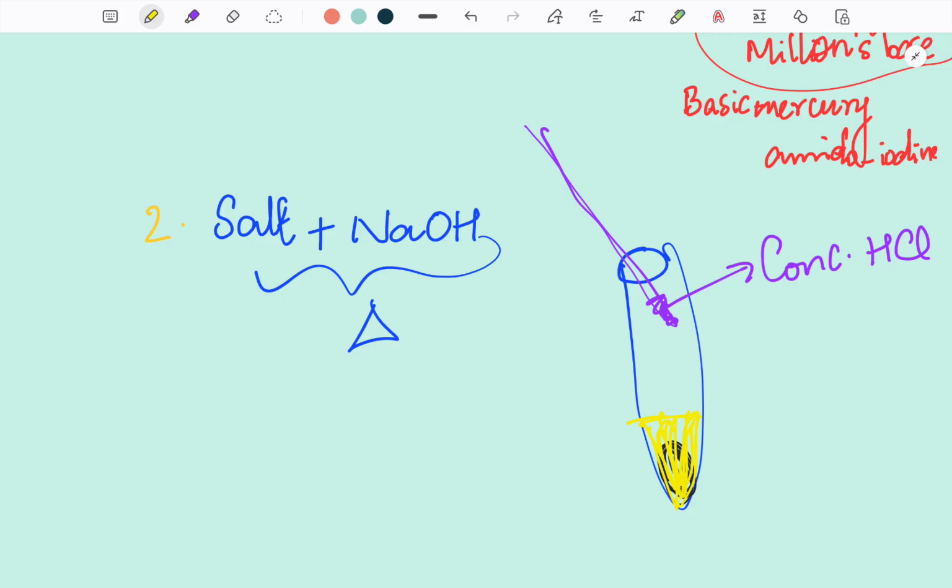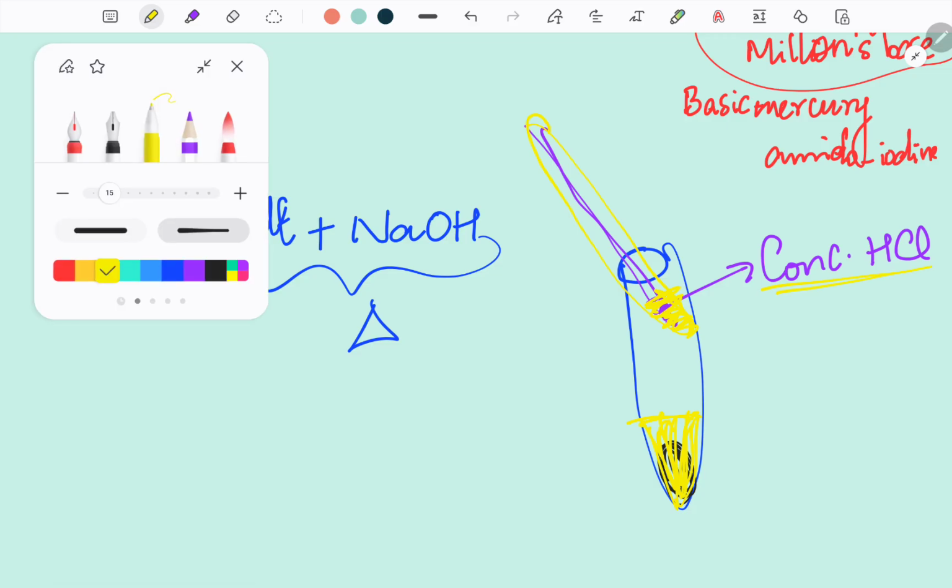Once you are getting the solution, you need to heat it. After heating, you need to bring a glass rod which is dipped in concentrated HCl near the mouth of the test tube. So you have to place it like this.